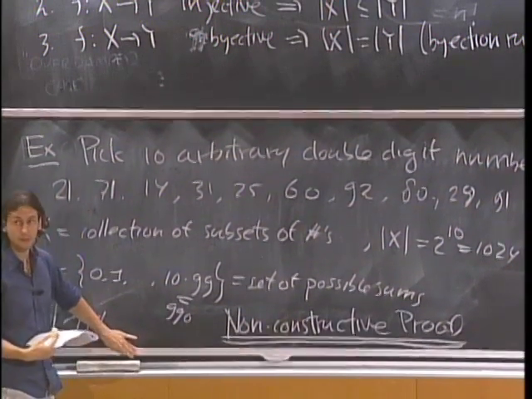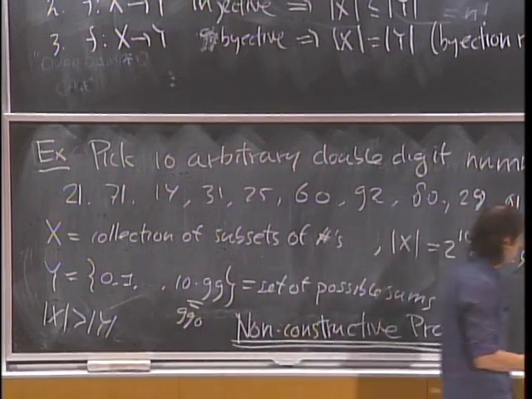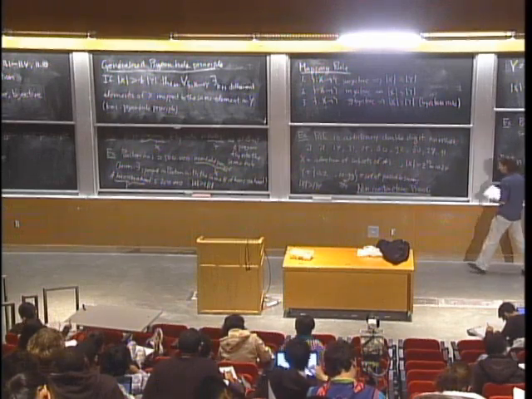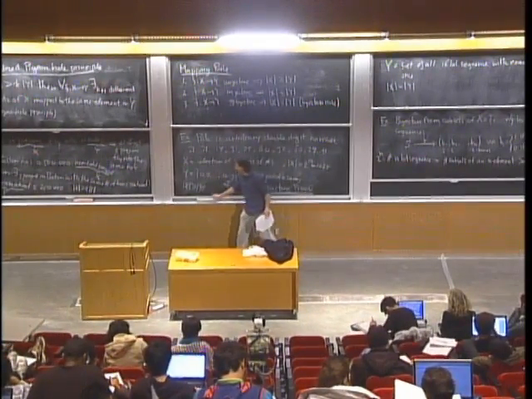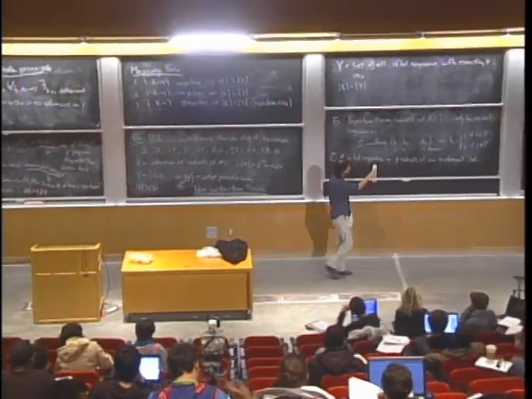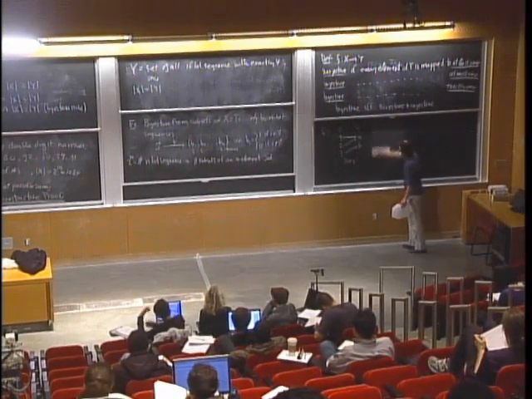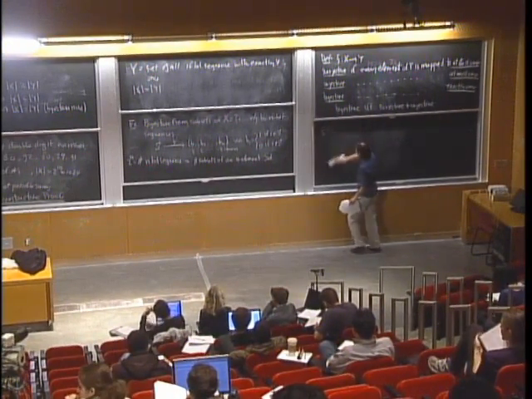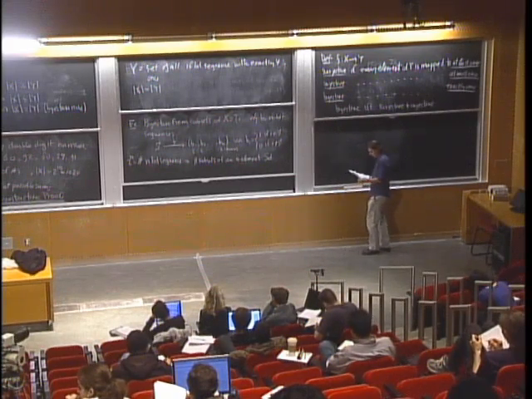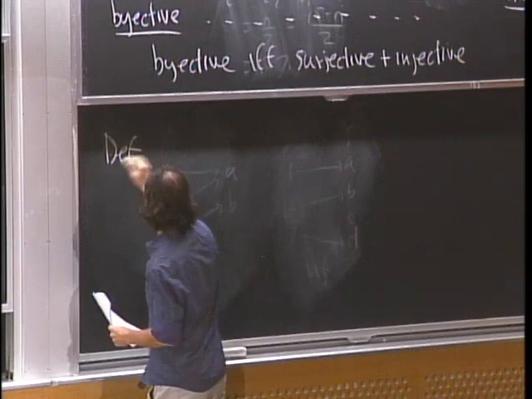Okay, so now we can continue with another definition, where we look at another property. Over here we talked about surjectivity, injectivity, and bijectivity. And now we will talk about the following property.